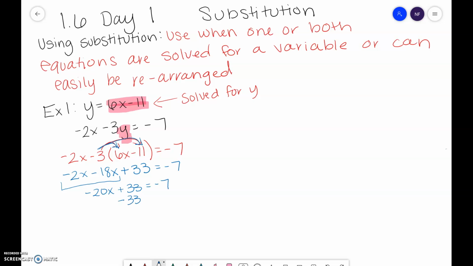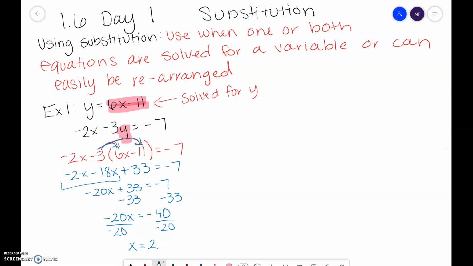Subtract the 33 on both sides. And so now we have negative 20x equals negative 40. And then divide by negative 20. So now we have x equals a positive 2.